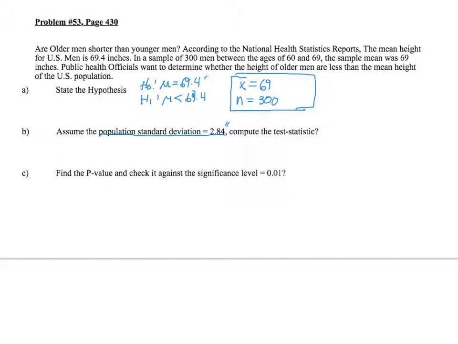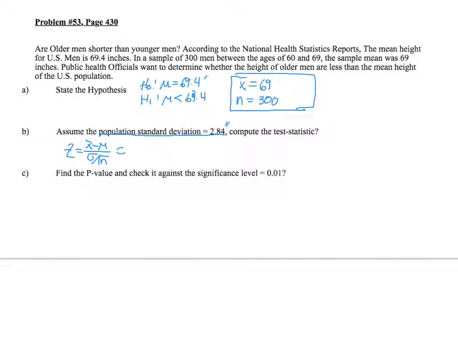And it says compute the test statistic. So that's step 2. So Z is equal to X bar minus mu divided by sigma over square root of N.